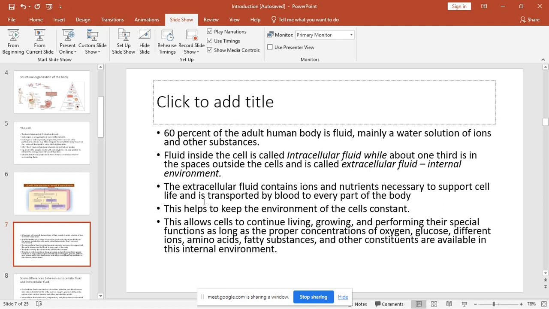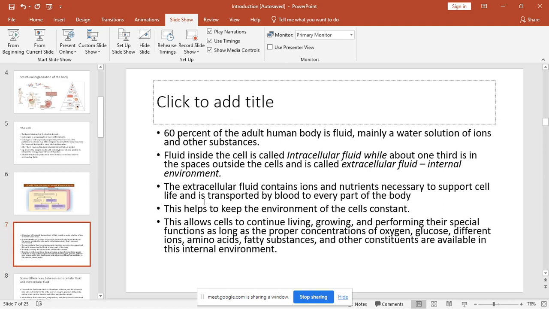Also, fluid that we find in special parts of the body, such as the synovium and the CSF, some people classify under extracellular fluid, but some refer to them as transcellular fluid. We shall look at this in detail in one of our lectures.